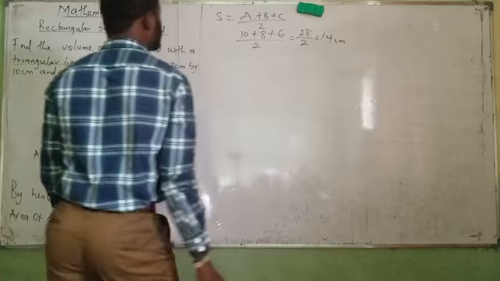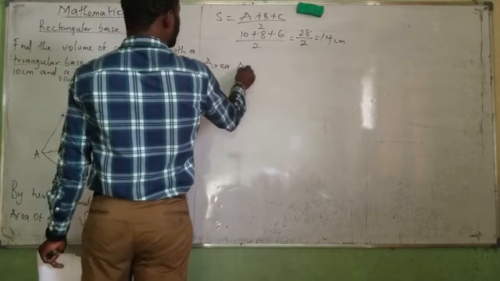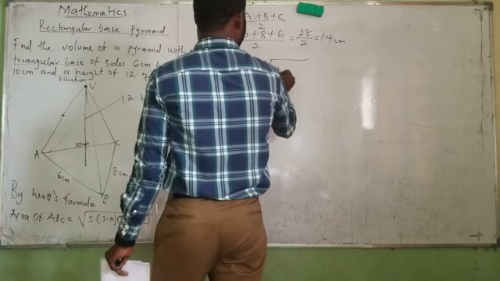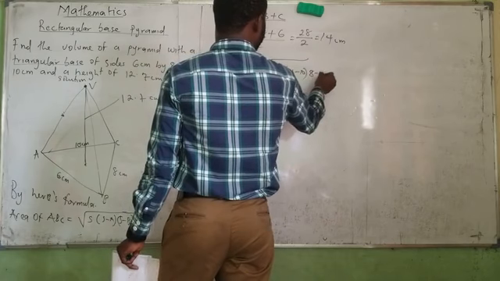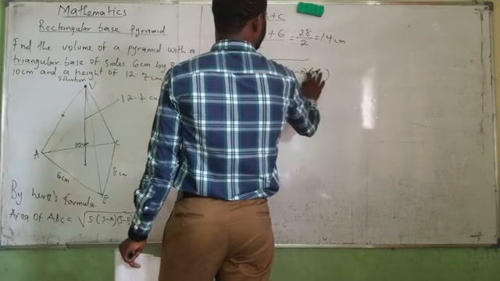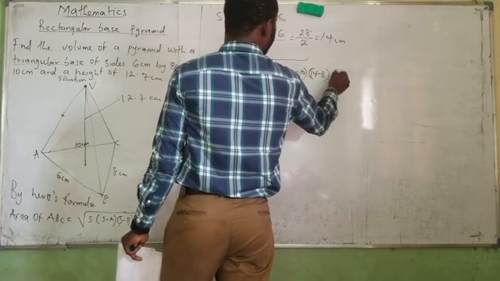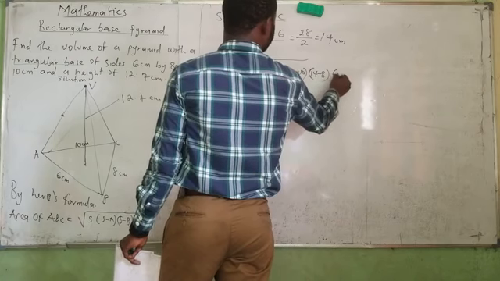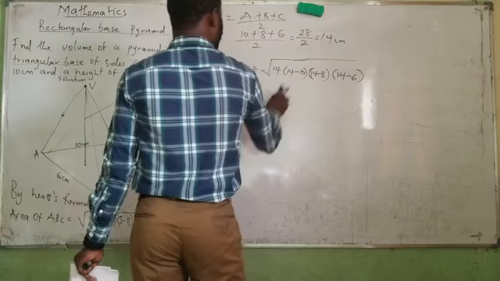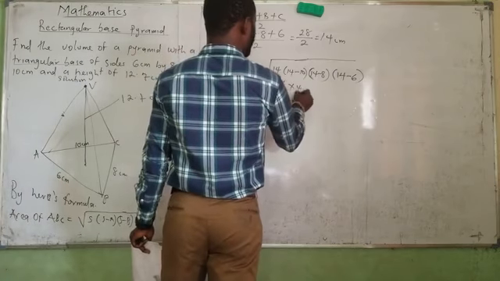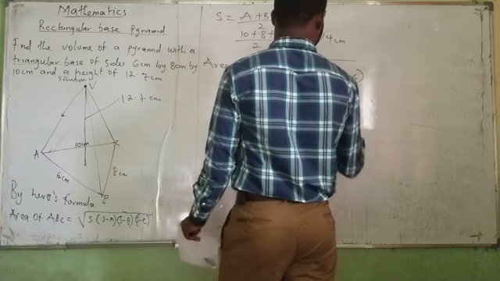Now, since I have s, I can now say that my Heron's formula will be the area of triangle equals root of s, bracket of s minus 10, bracket of s minus 8, bracket of s minus 6, all under root.